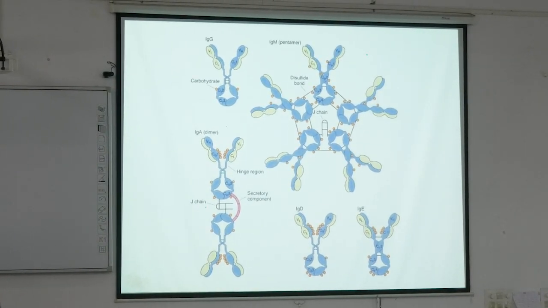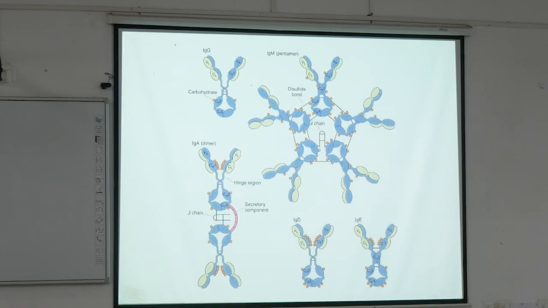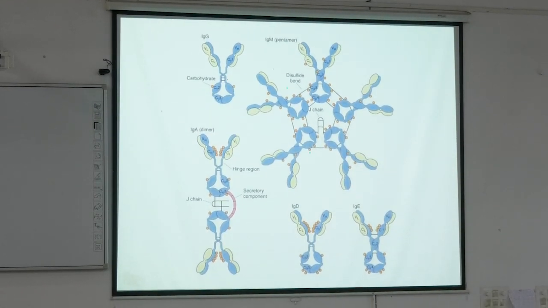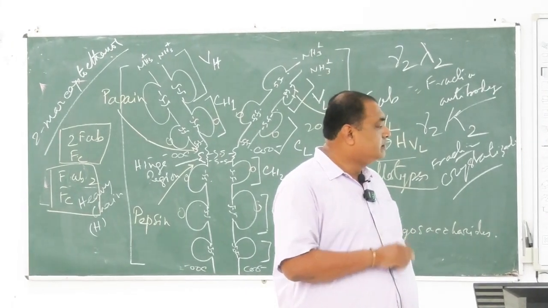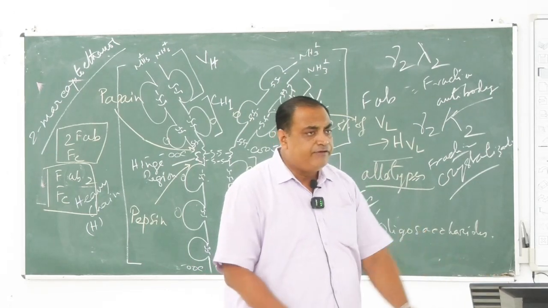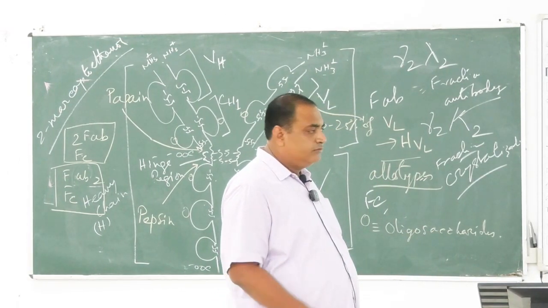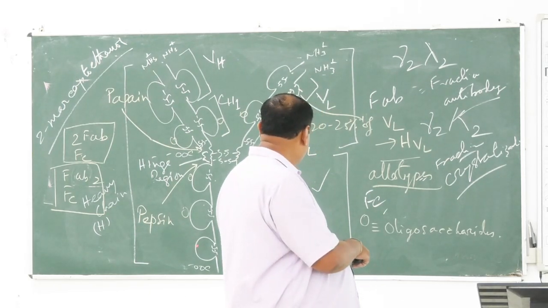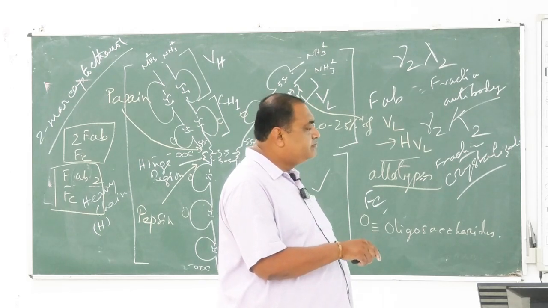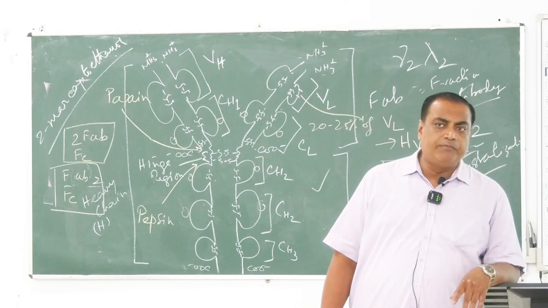Now, these are the shapes of different types of immunoglobulins. What I drew here is this one, but this one is having 2 constant regions of heavy chains, CH1, CH2. I am having 3, that means 1 extra, which is required for binding to a particular tissue.